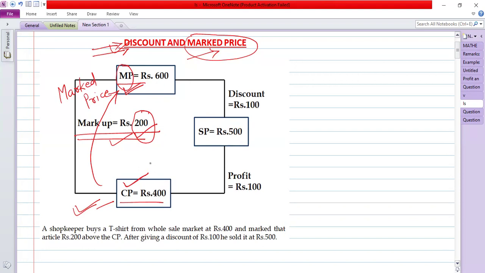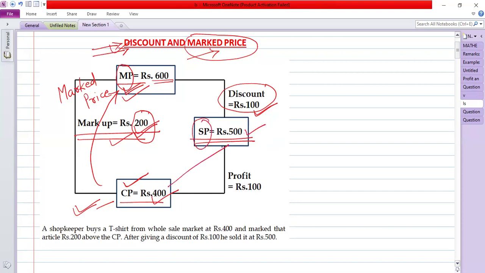So now, obviously 400 plus 200 is 600. Now on this marked price, the shopkeeper is giving a discount of 100 rupees. And after giving this discount, the shopkeeper is selling the t-shirt at rupees 500. So that's why this is the selling price.